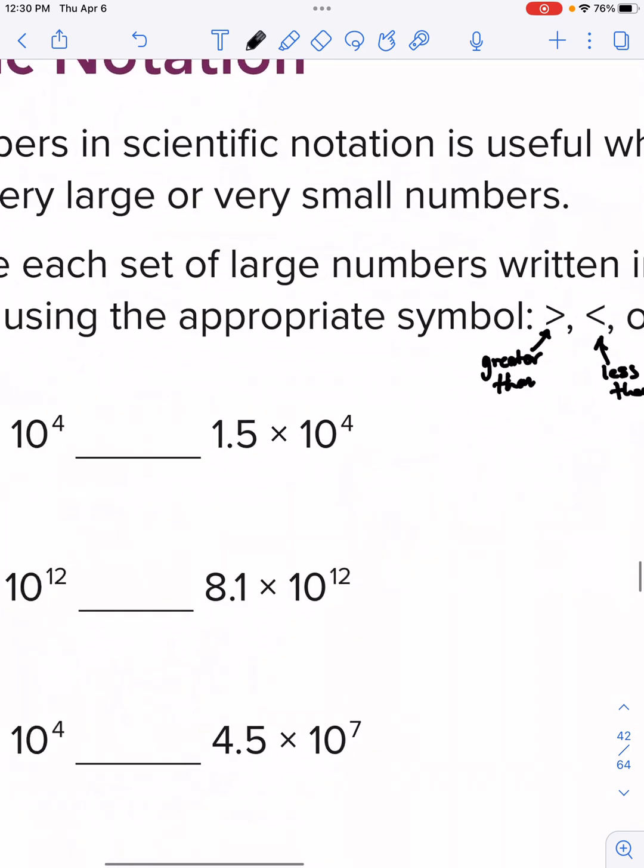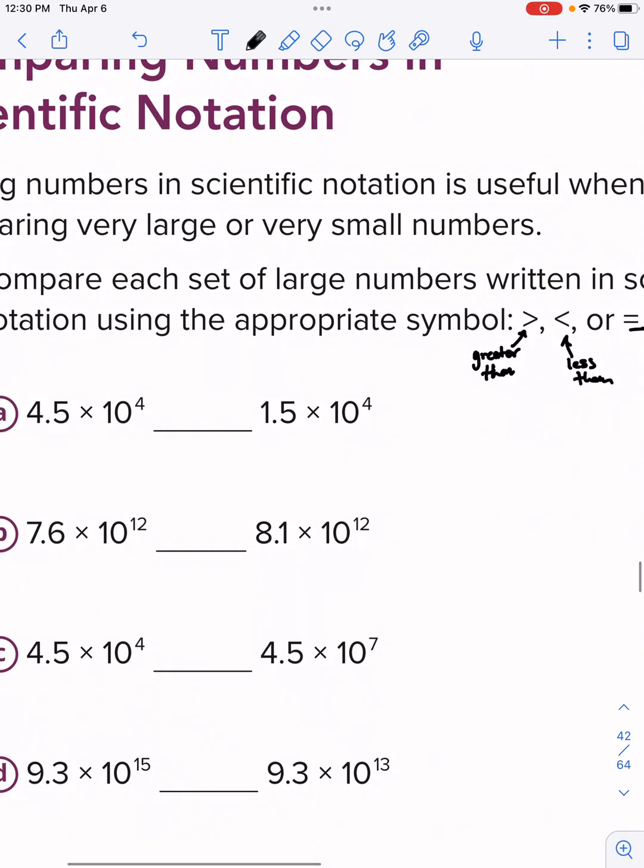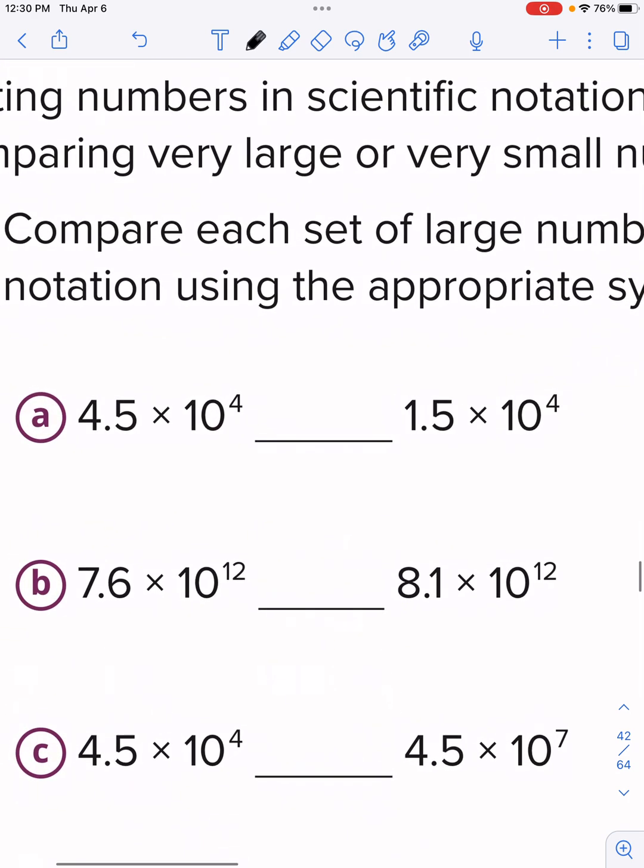Now, when you look at numbers like this, it's somewhat easier to compare because they have the same exponent, right? Here we have 10 to the 4th. We also have a 10 to the 4th. So really just comparing that first value here, right? Which one is bigger, 4.5 or 1.5? 4.5 is bigger. We're going to write this, which means the right side is greater than the left side.